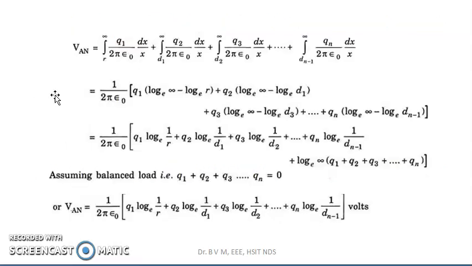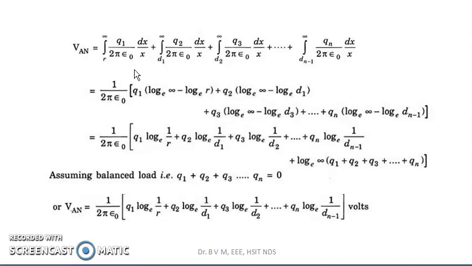This is the potential difference from the surface of conductor A to the infinitely distant plane.